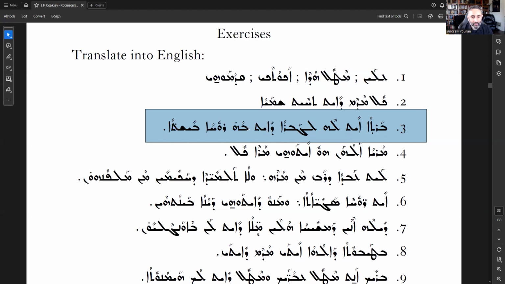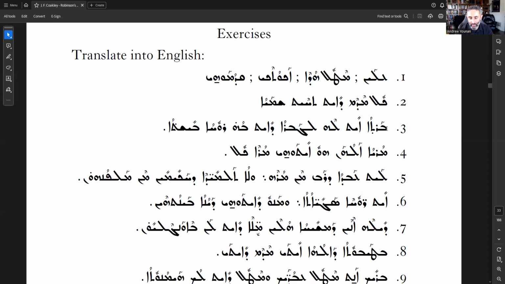D'ith ba, that there is in her, ruha bishta, an evil spirit. So in good English, the man has a daughter who has an evil spirit. She's possessed or something like that. But this is kind of tricky.